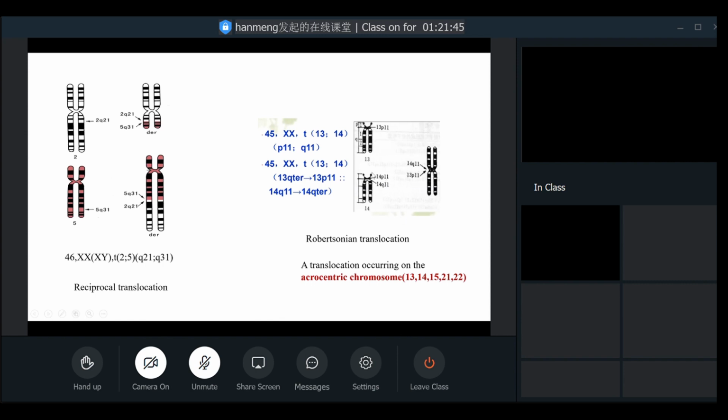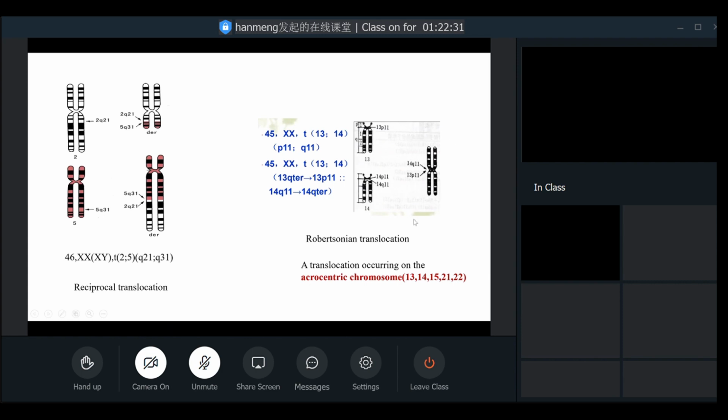Then the satellites, because satellites are heterochromatic with no active gene expression, will disappear from the cell. So the rejoined long arms contain almost all the gene products of these two chromosomes, and this person loses no gene products, so has a normal phenotype.